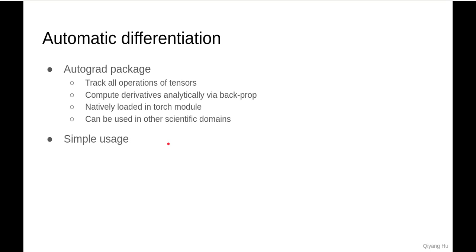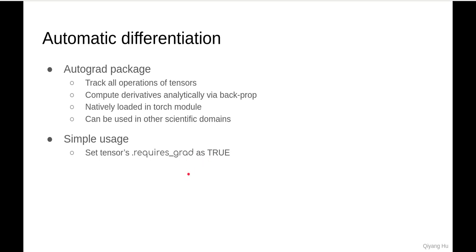It needs only 2 steps. The first step is to set the tensor's requires_grad as true. Remember, by default, every tensor after creation and initialization has requires_grad equal to false.